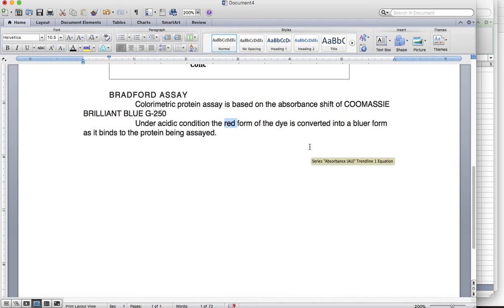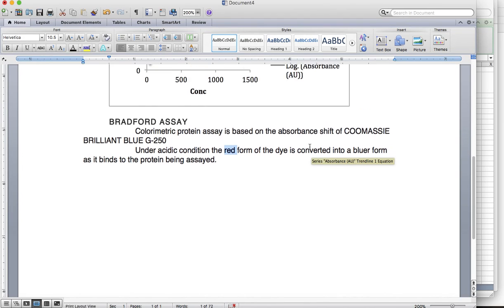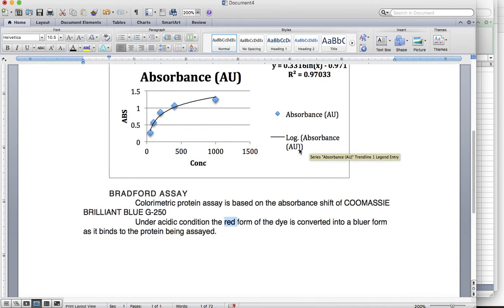Next, I want to talk about the Bradford assay. Since proteins don't natively absorb at certain concentrations reliably, we will have to use a commercial Bradford assay. This is a colorimetric assay, similar to when we used the fast blue reagent for the esterase activity. It is based on the absorbance shift of Coomassie brilliant blue, which is a dye.